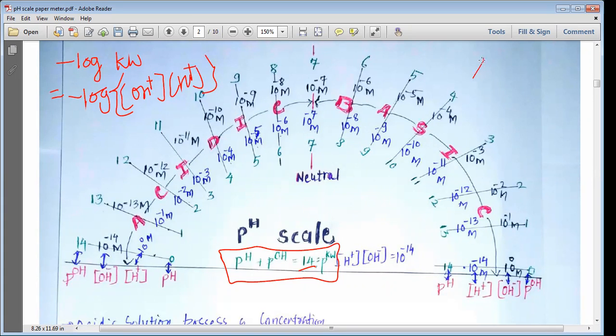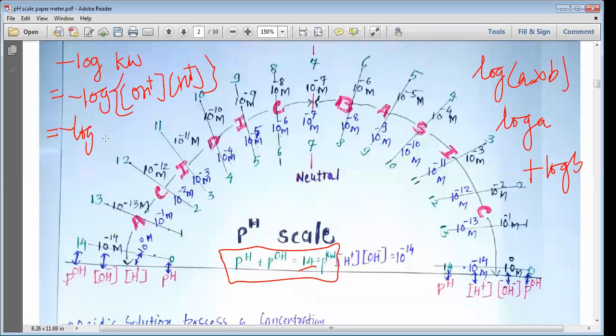And we know that log of A multiplied by B is log of A plus log of B. That is why you can write it as minus log of concentration of H plus and minus log of concentration of OH minus, which is nothing but pH plus pOH.